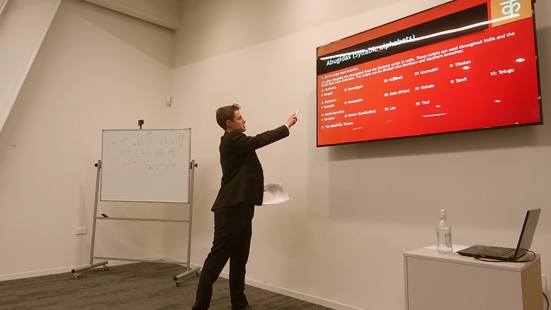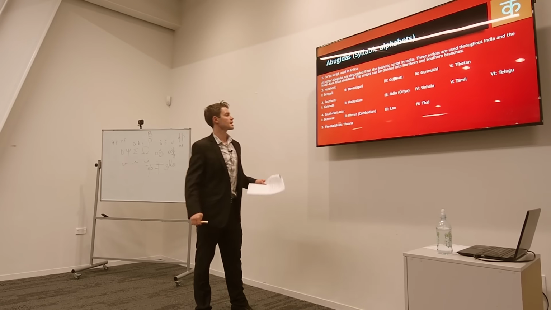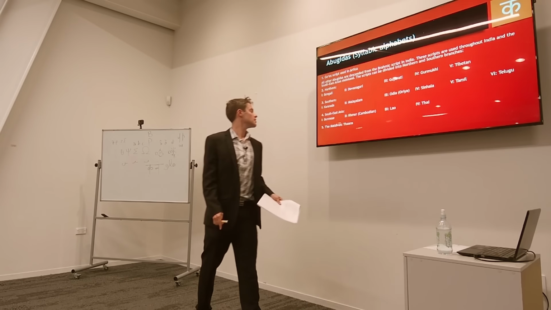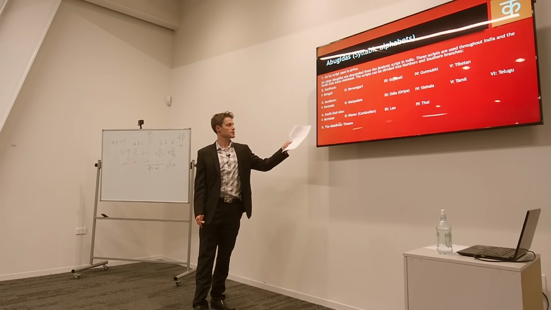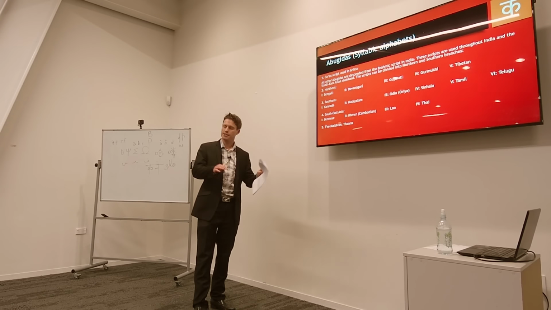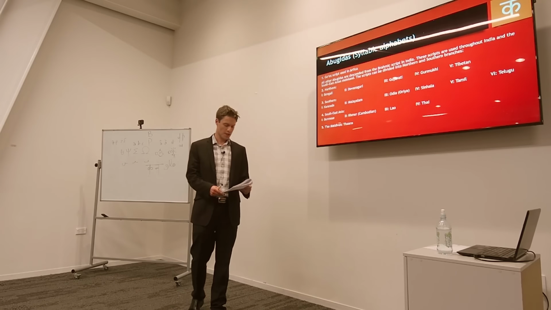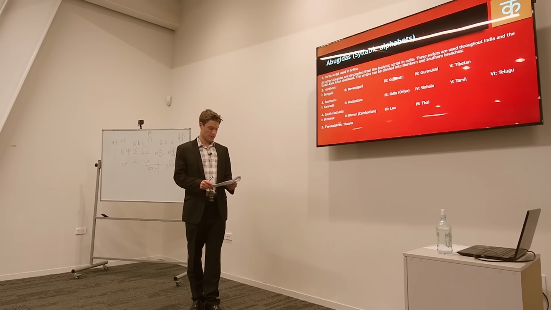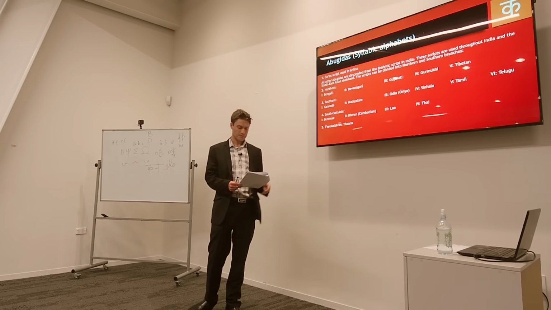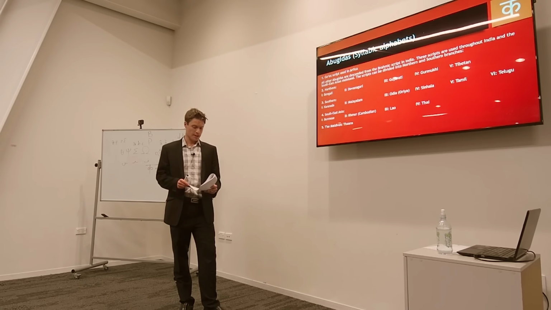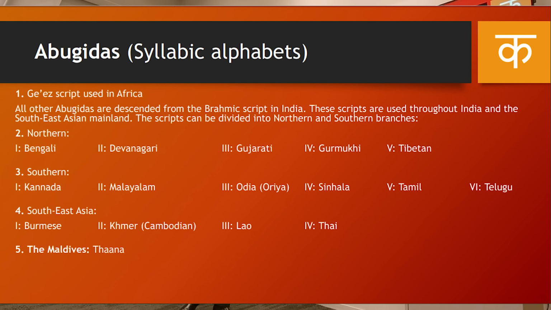We have the 6 southern branch Indian scripts: Kannada, Malayalam, Odia, Sinhala, Tamil, and Telugu. Other Abugidas used in countries outside of India are Burmese, Khmer, Lao, and Thai. And then finally, we are going to look at Thaana, which doesn't fit into the above category, and it's not even an Abugida. It's a very unique script, and it has a very peculiar background, which we'll look at shortly.